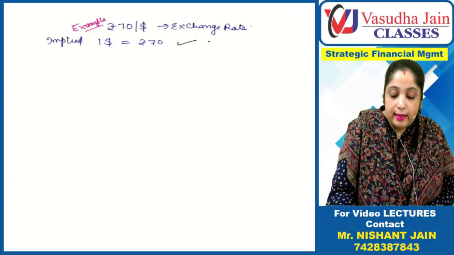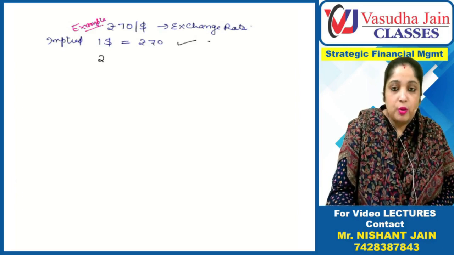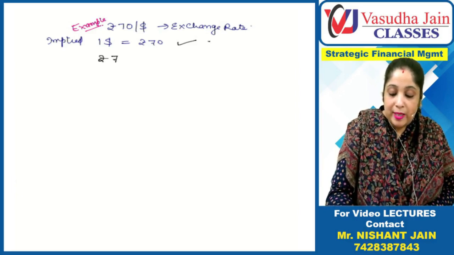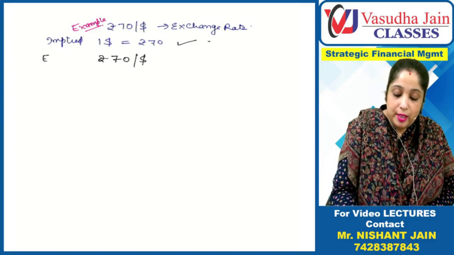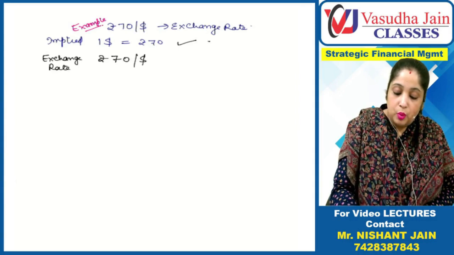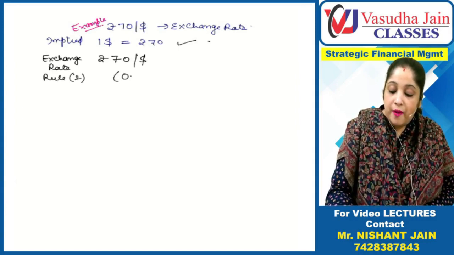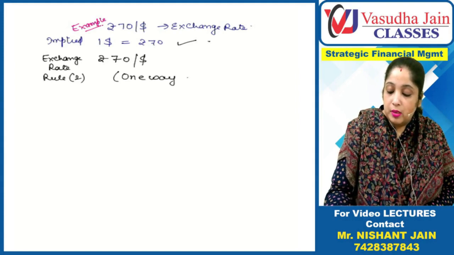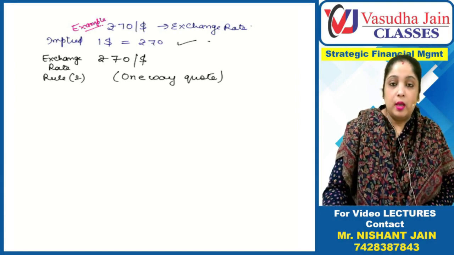Now can I write like this, or should I say like this? Wait. Rupees 70 per dollar was the exchange rate. Now rule number 2. This is a one-way quote.